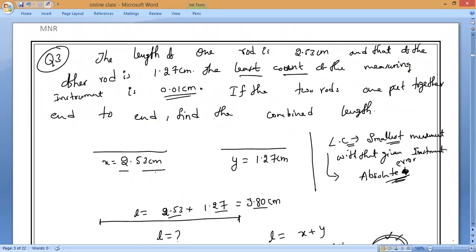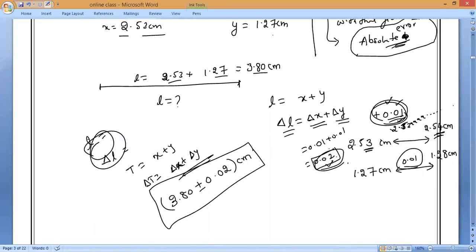So one is 2.53 and another one is 1.27, and the least count is 0.01. Whenever they give the least count, it is indicating what error? Absolute error. Clear? So the total length will be 3.80 plus or minus 0.02 centimeters.